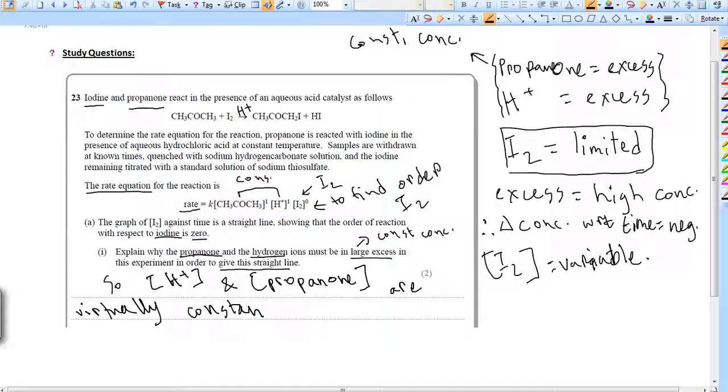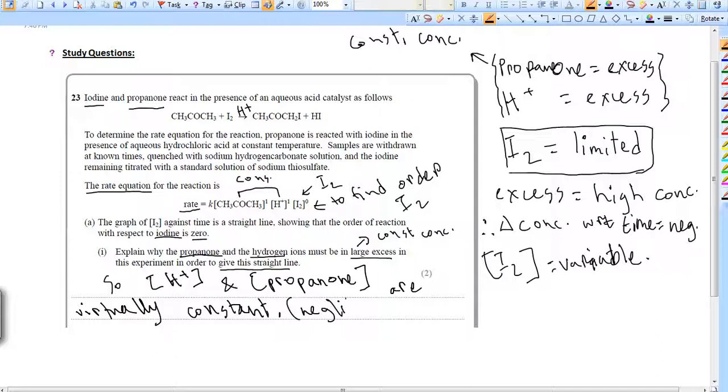Now let us look at what is meant by virtually constant. Virtually constant means it is close to constant, but it is not constant. There might be a slight change in the concentration, but it is negligible.